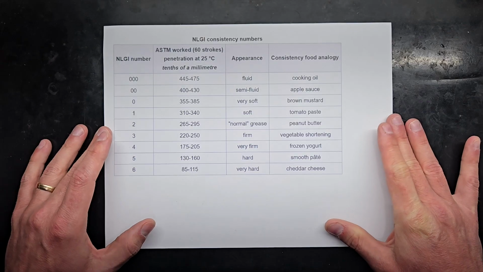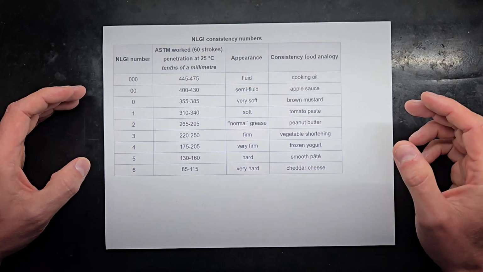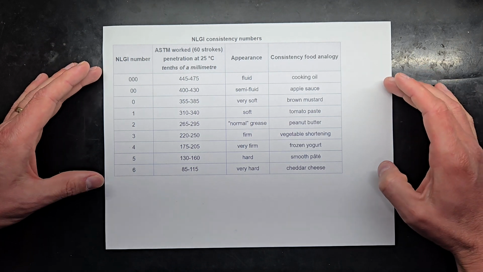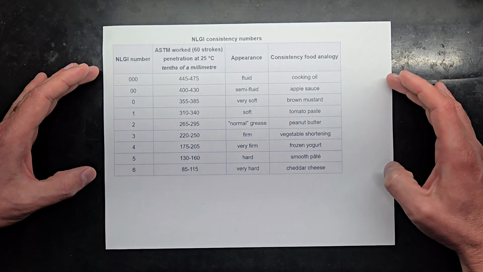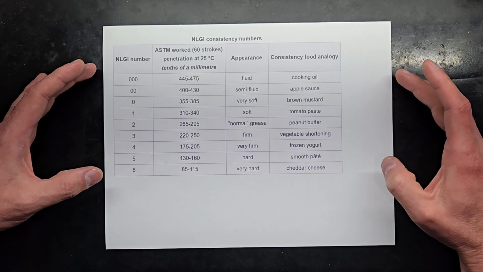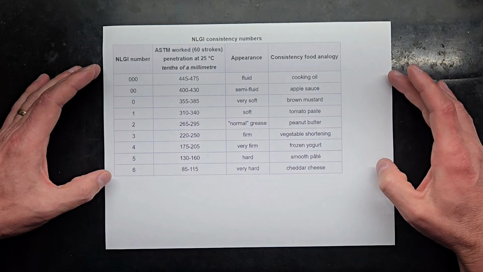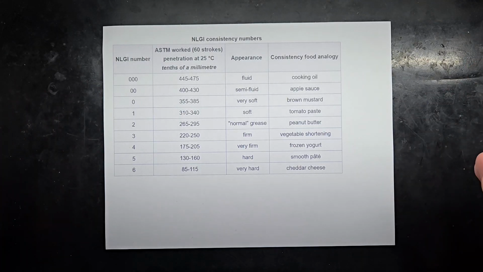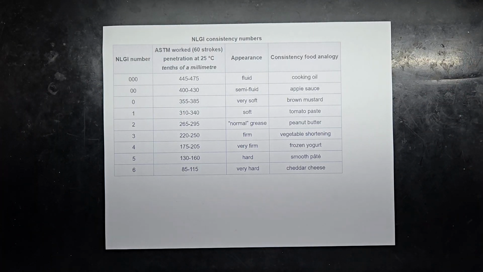So the chemistry of the grease, not just the NLGI consistency number, is what's going to dictate more of that rheology property of the grease. So something to keep in mind and think about as we keep moving forward.